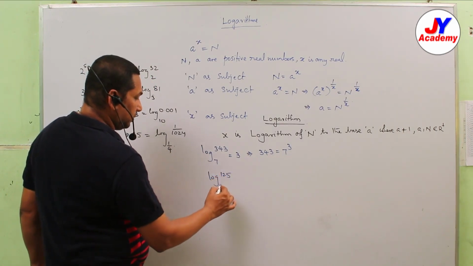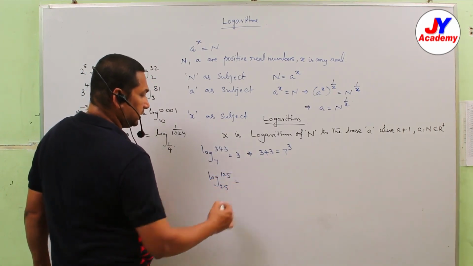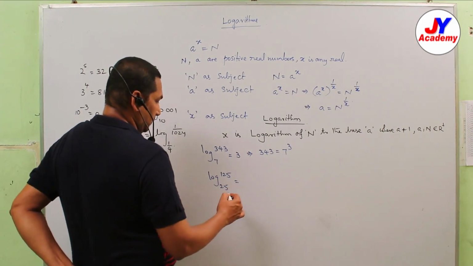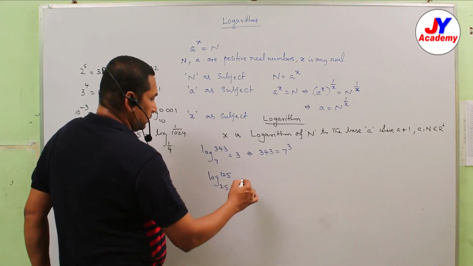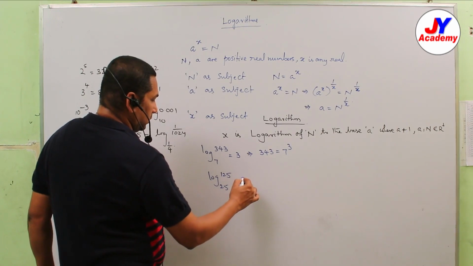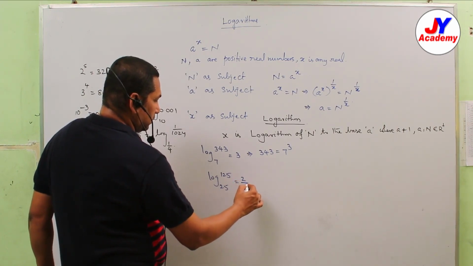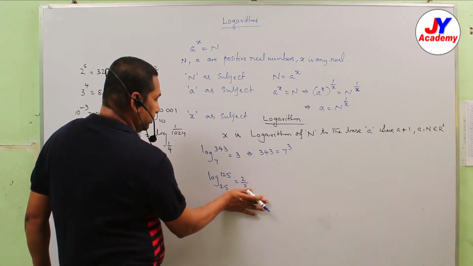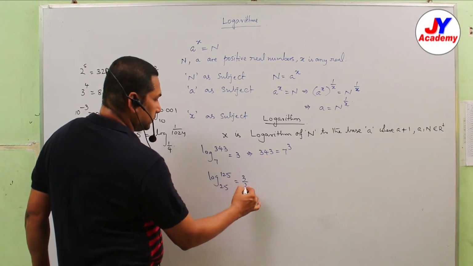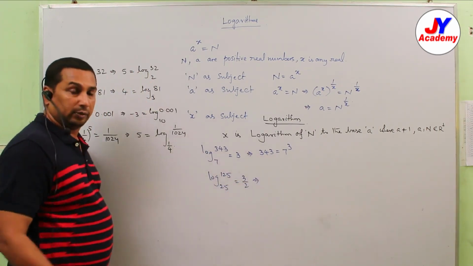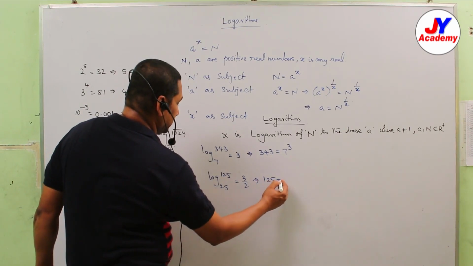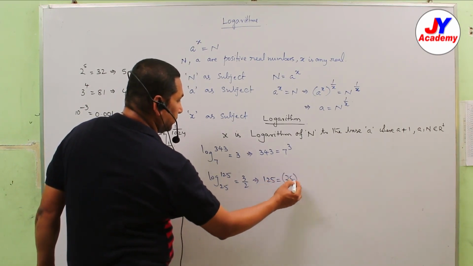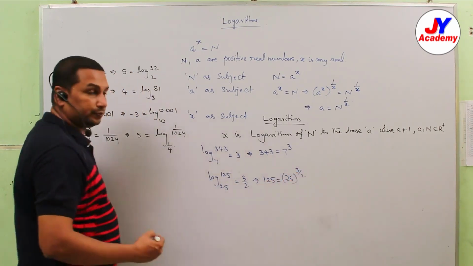Log 125 base 25 is equal to 3 by 2, then 125 is equal to 25 power 3 by 2.